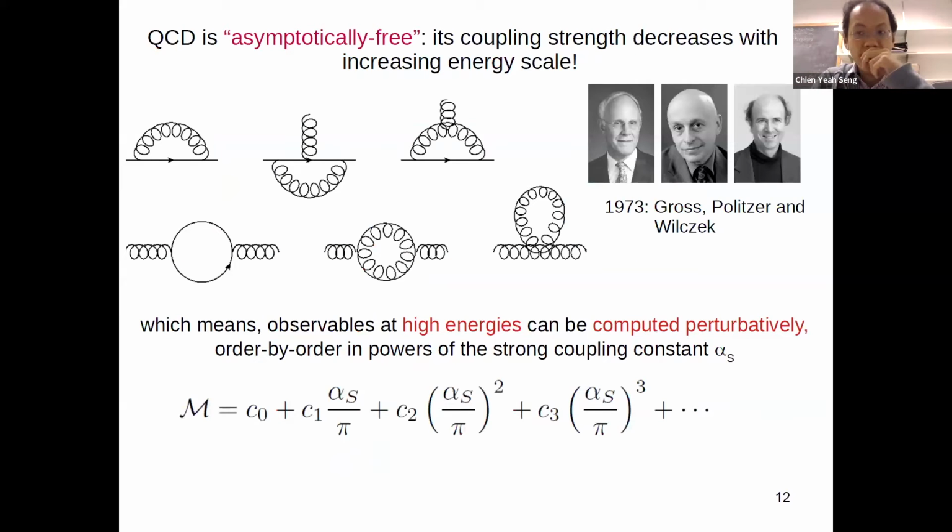So now, an important evidence that quantum chromodynamics is the correct theory for strong interaction is the so-called asymptotic freedom.